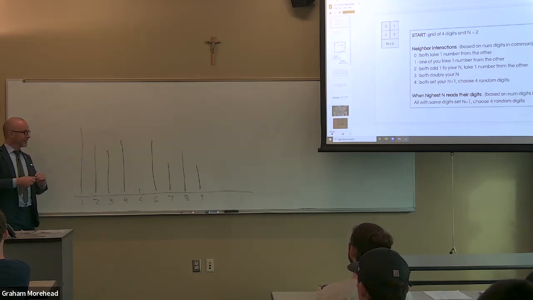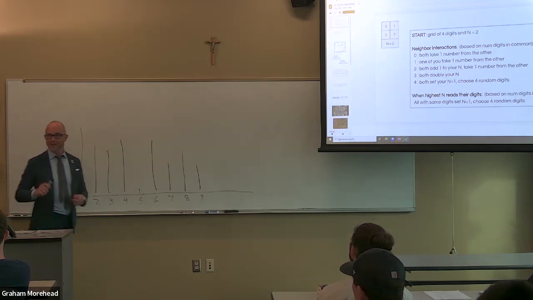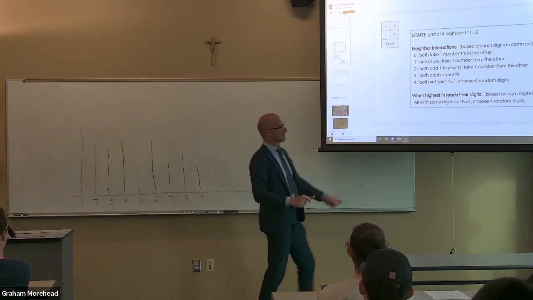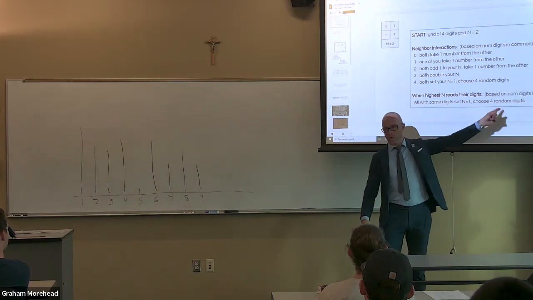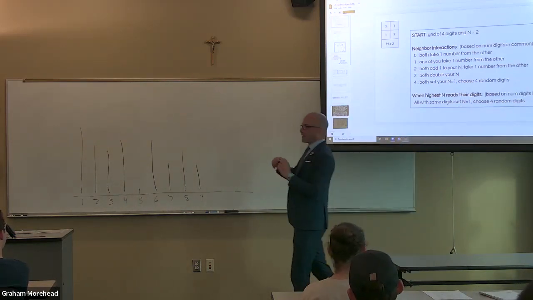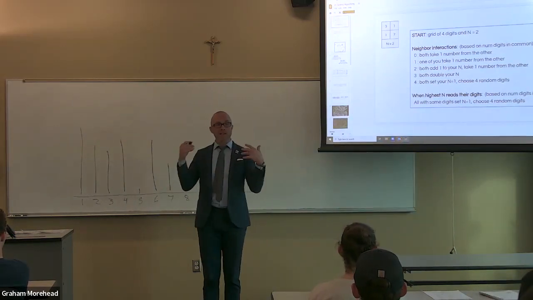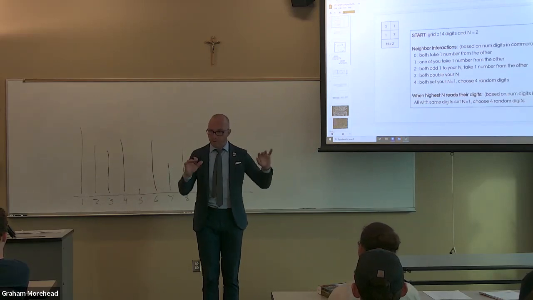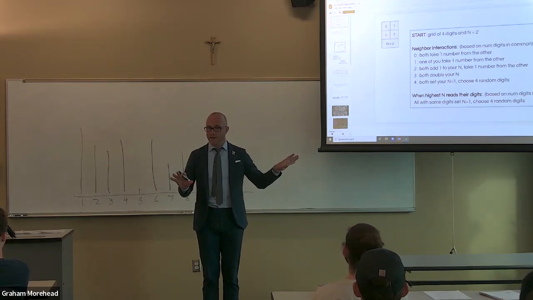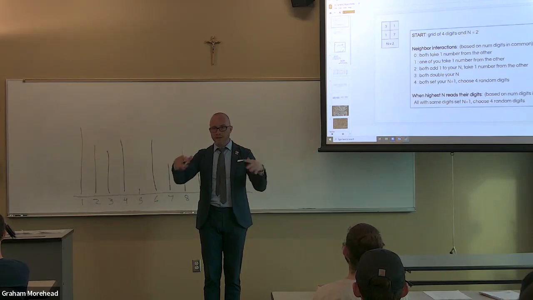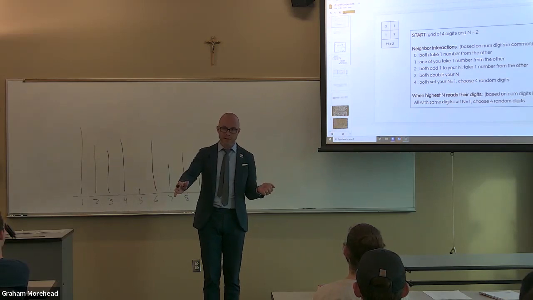Now, if it consolidated too much, what happens? You reset. You both go back to n equals 1, and you get 4 random digits. Now, n is supposed to represent fitness. The environment that you live in is like a fitness landscape.